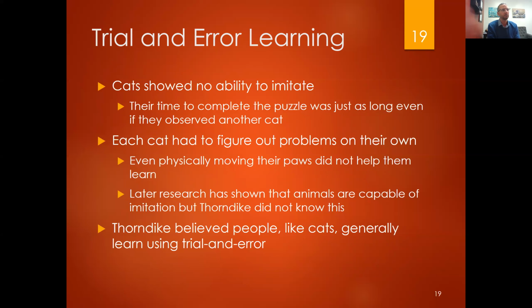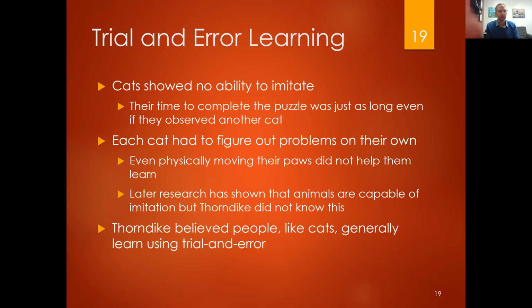So each cat really had to figure out the problems on their own. And this is interesting, even if you physically move their paws, that didn't help them learn. They actually had to manipulate things of their own activity, and that was what would help them learn how to escape.